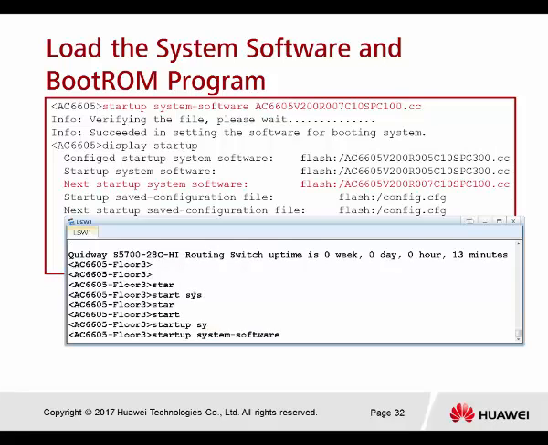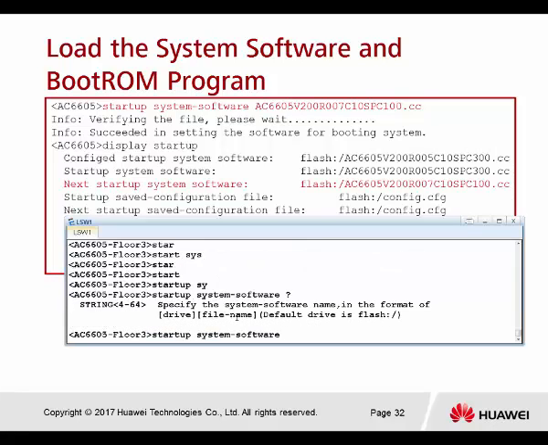Okay, startup system software. You have to put in the right name of the file that you downloaded. For example, I already downloaded the system software from the Huawei support website, and you need to follow the exact name, including the .cc extension. After you do this, the next startup system software will be the same as the file name you typed in just now.